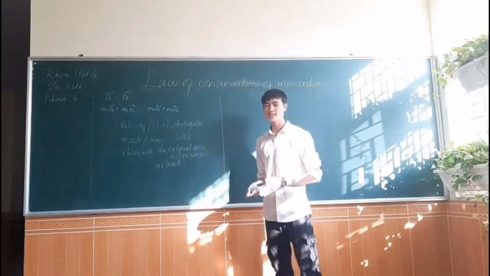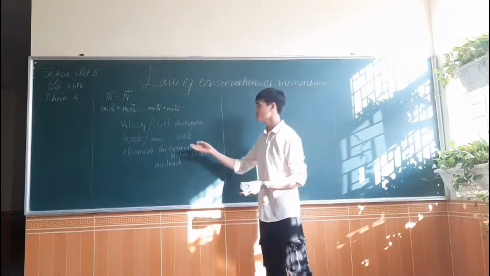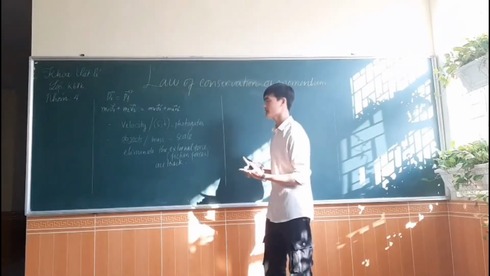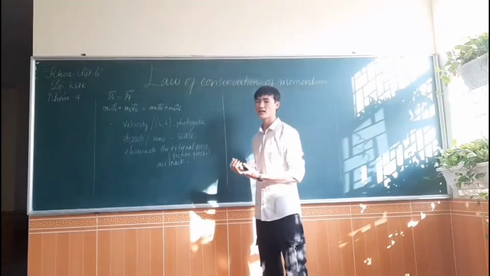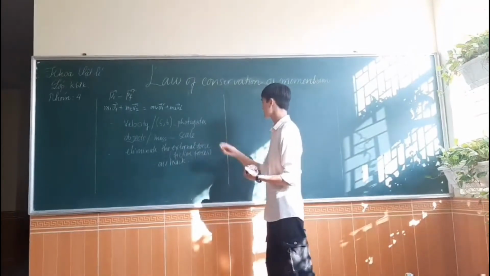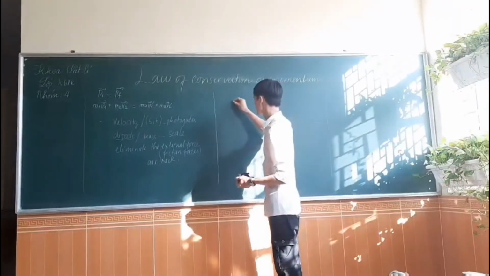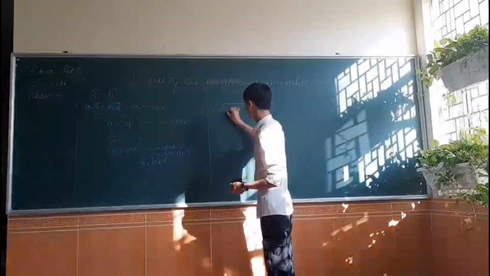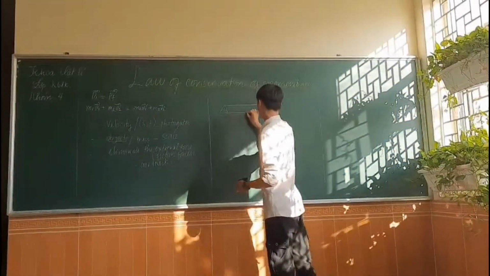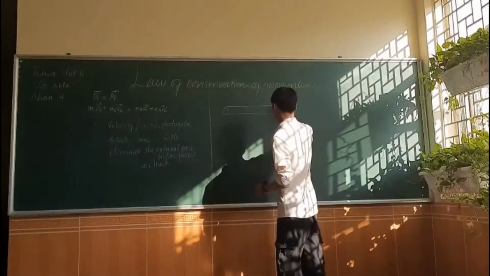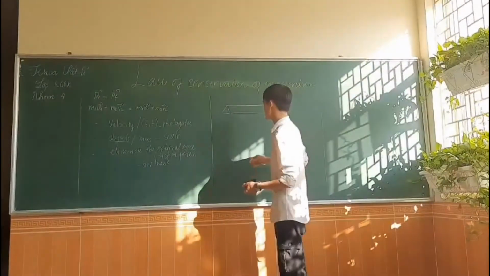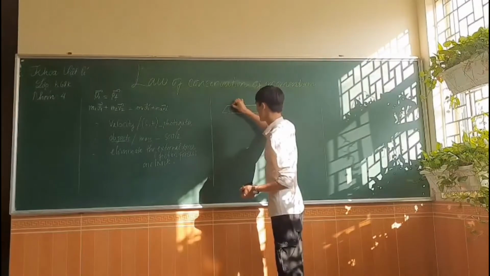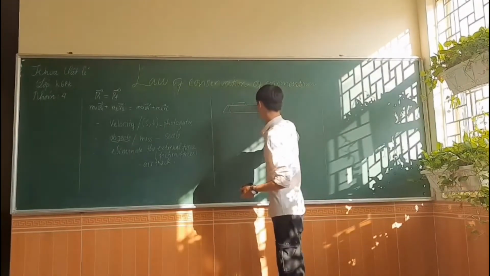To simplify the situation, we consider two masses, two cars, in one dimension. I will show you. I have an air track with car 1 and car 2.